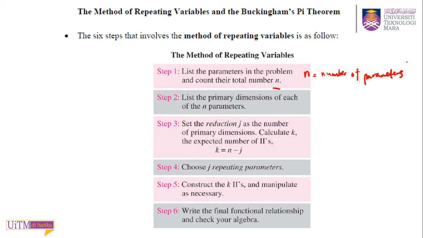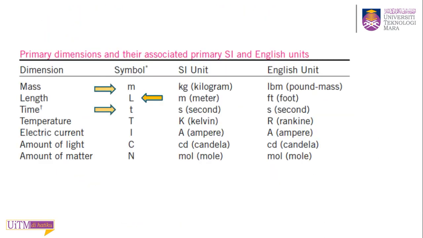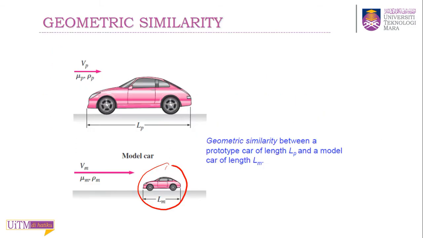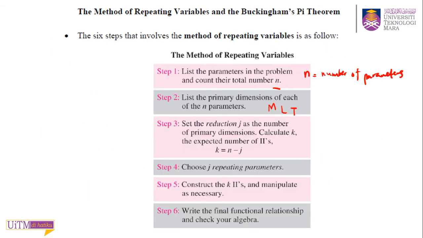The second step is to list the primary dimensions. We learned in the first class the primary dimensions, where we learned about M, L, T. So this is the primary dimension. You need to list the primary dimensions for each of the parameters.